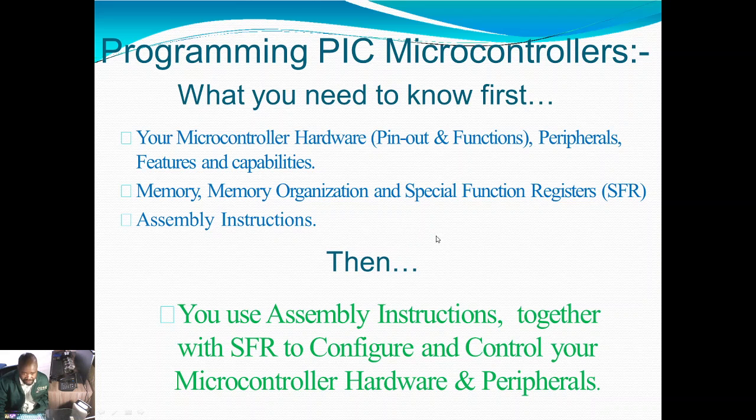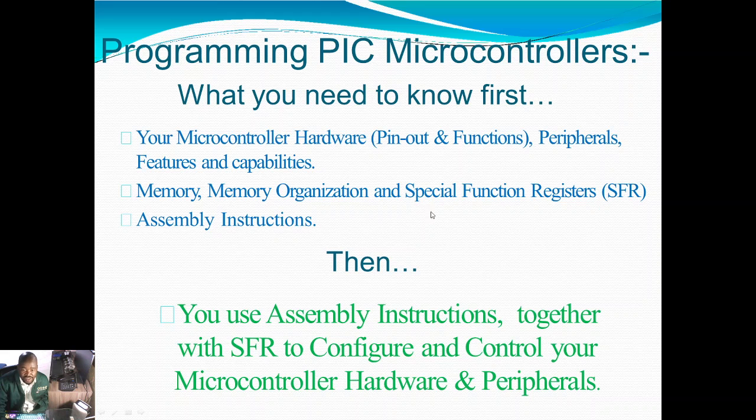Right. Now, how are you supposed to learn these things? Given a project or an example, you need to familiarize yourself with the hardware of that particular project or that particular PIC if it is being stated for you. Look at what is required of you in the example.